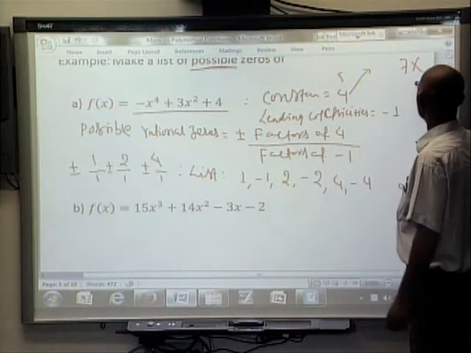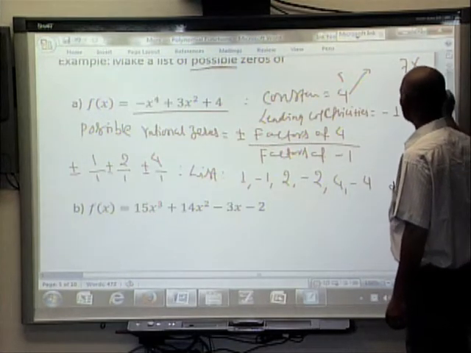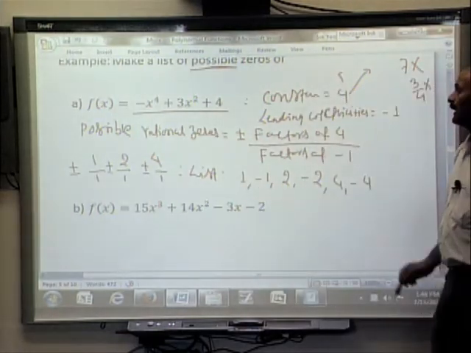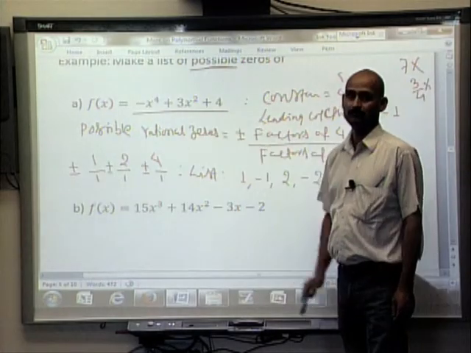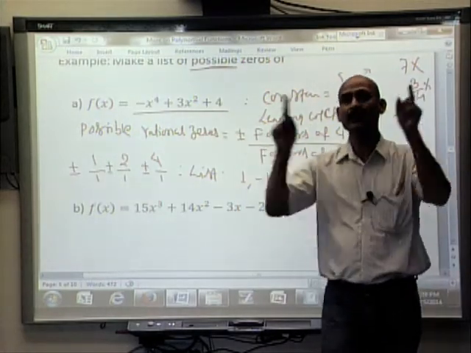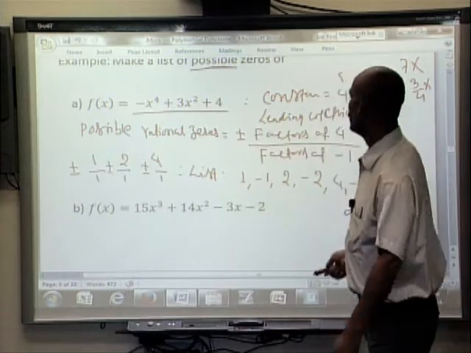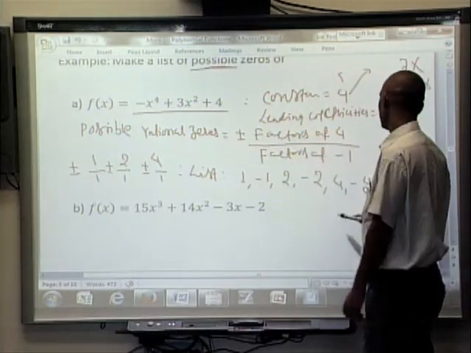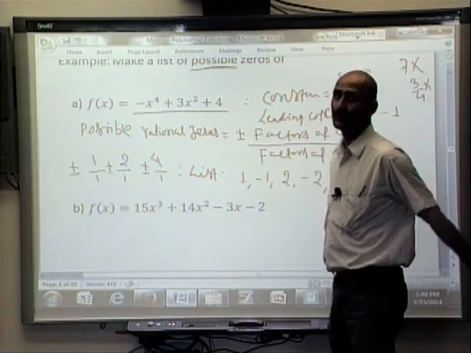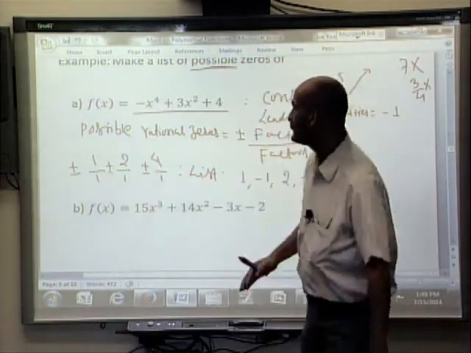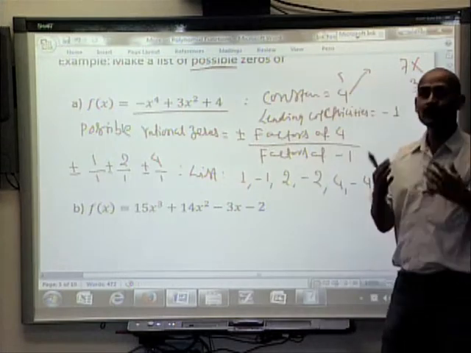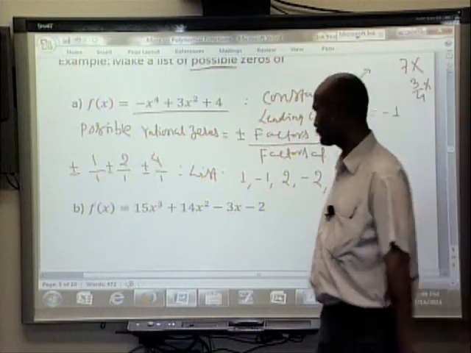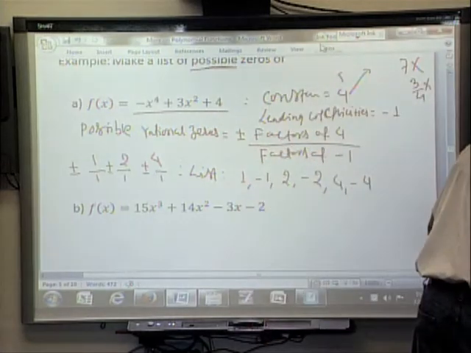Not only 7, 3/4 cannot be a zero of this polynomial because 3/4 is not in the list. However, 1 can be a zero, I am not saying 1 is, 1 can be a zero, -1 can be a zero, 2 can be a zero, -2 also can be a zero, 4 can be a zero, -4 can be a zero. These are the candidates for zero, we need to identify which of them are really the zeros.